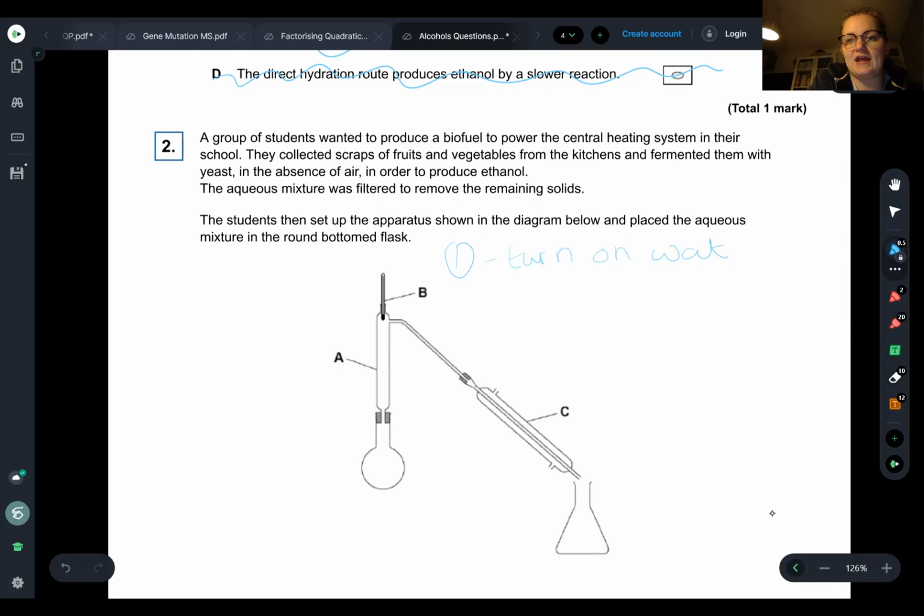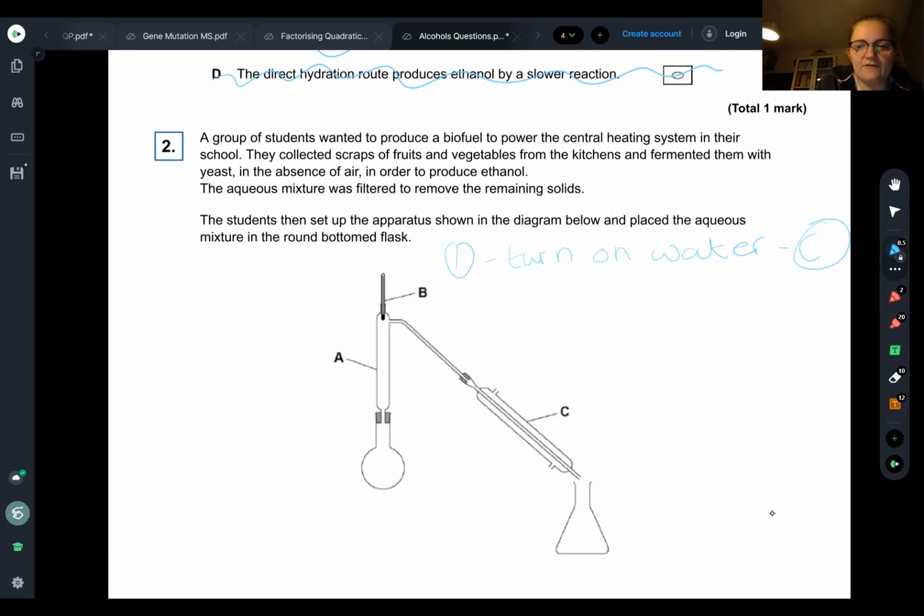If we start heating anything before we've got that water turned on, going through a condensation tube, it's not going to work. It's not going to be effective. So we're going to turn on the water for our first part, and that's going to be for our condensation tube. So that's going to be for C. Obviously you'd want to write a full sentence there: turn on the water for the condensation tube, which is C.